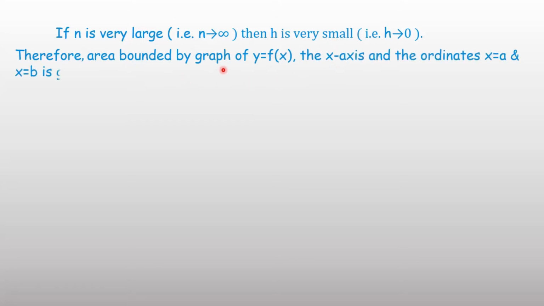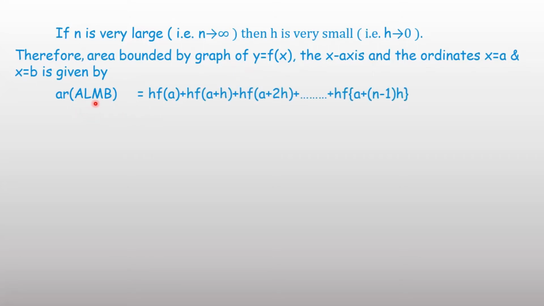Then the area bounded by the graph, x-axis and ordinates between x equal to a to x equal to b is given by the area of ALMB, which is equal to h into f(a) plus h into f(a+h), because in each rectangular part the width is h, and the height of the first rectangle is f(a), the second rectangle height is f(a+h). In the third rectangle the width is h and the height f(a+2h). Similarly the last, nth rectangle, h into f(a+(n-1)h).